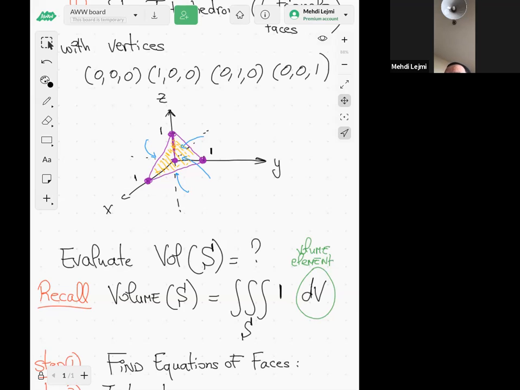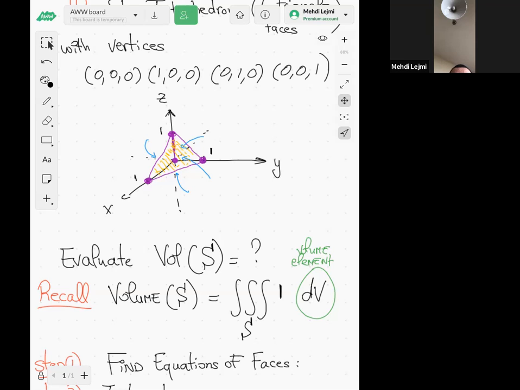Truth be told, I don't know the answer. I didn't actually solve the problem. But of course, this is a volume, so your answer should be a positive number. If it's not positive, obviously there's a mistake somewhere. It should be the volume of this tetrahedron.